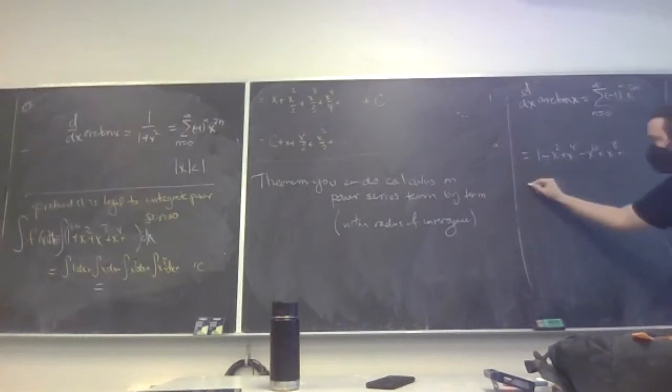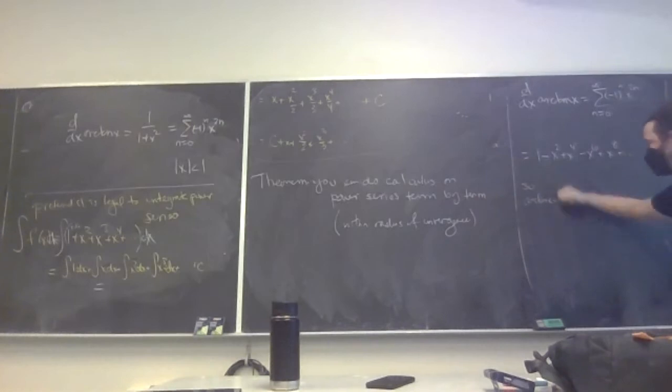But that must mean that the arctangent is c plus the integral of this thing. After all, if the derivative of arctangent is this series, arctangent must be the integral of it, meaning an antiderivative.